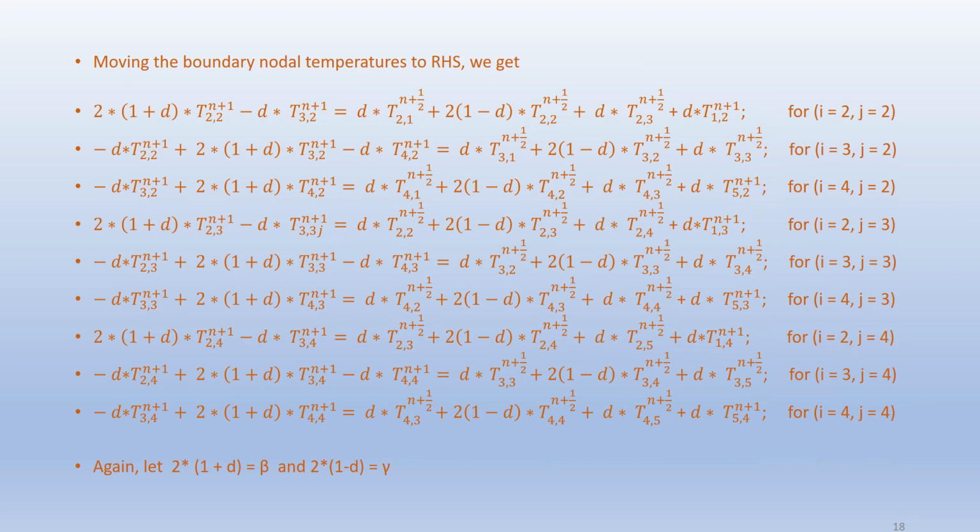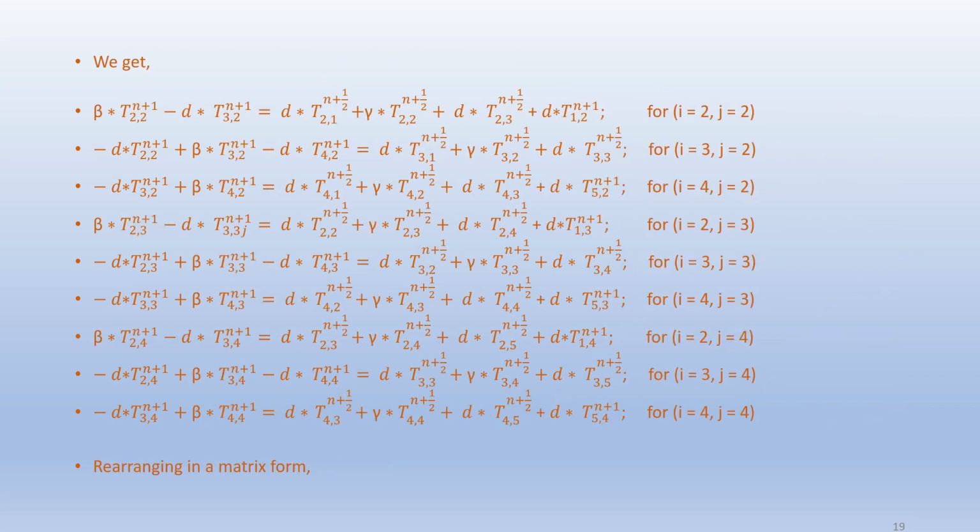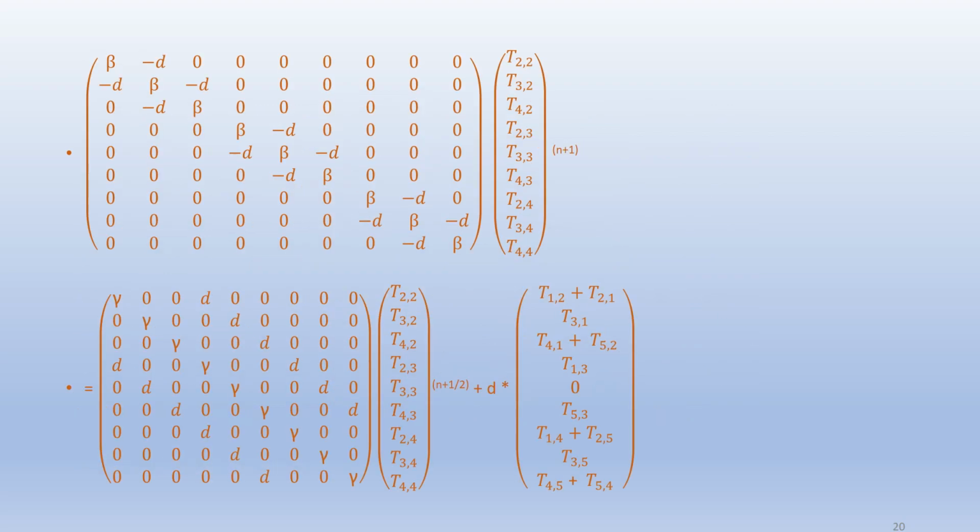Again, we'll move the known boundary nodal temperatures from the left hand side to the right hand side of the equations, and we'll let beta equals 2 times (1 plus d) and gamma equals 2 times (1 minus d). We then get the set of equations arranged in the form shown here. We will rearrange the set of equations in the matrix form as shown here.